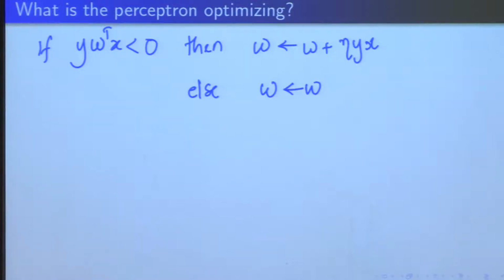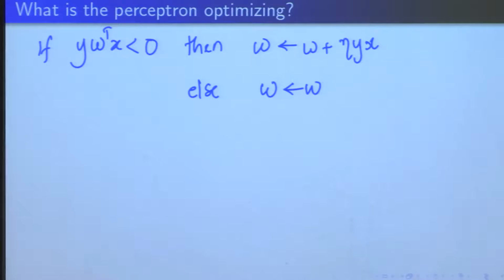Eta has been left out. One way of viewing this is that there is a loss only when the unsigned distance becomes negative. So the unsigned distance is kind of determining the loss.